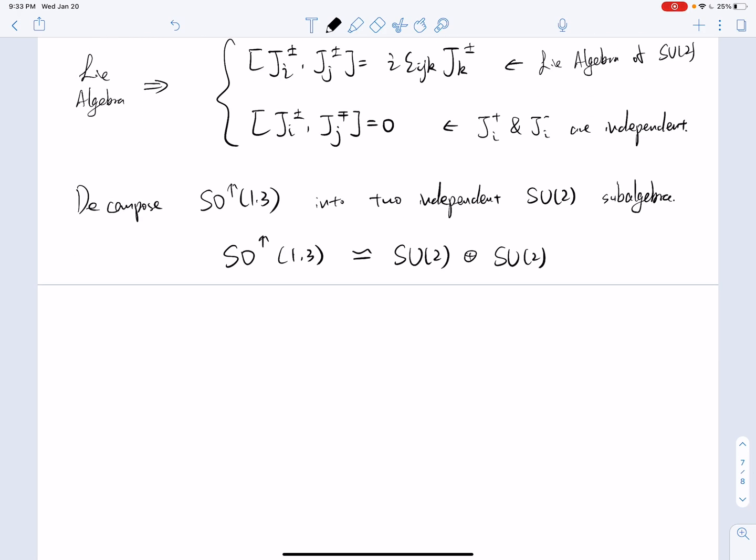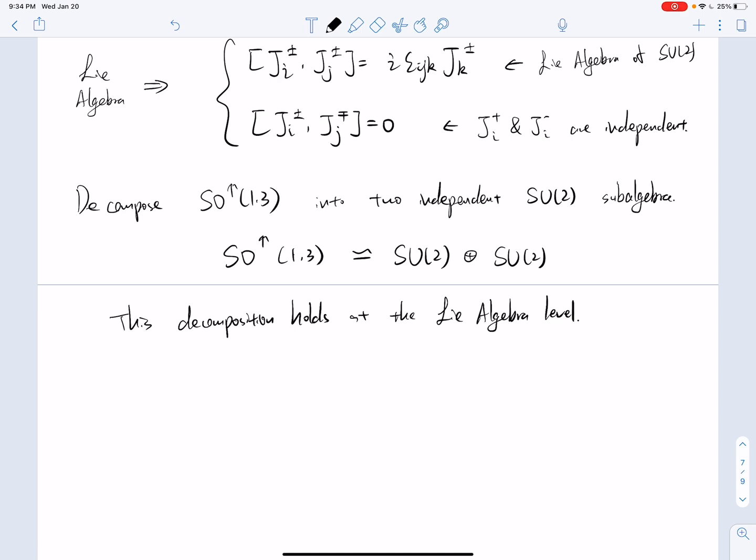However, we need to be very, very careful about this statement. This decomposition holds at the Lie algebra level. Right, we can decompose the Lie algebra into two SU(2)s, and they're independent. They don't talk to each other.